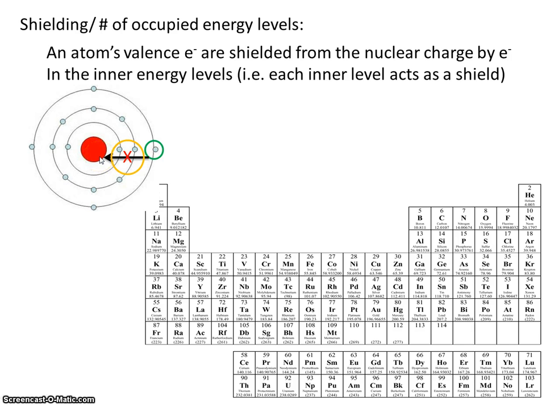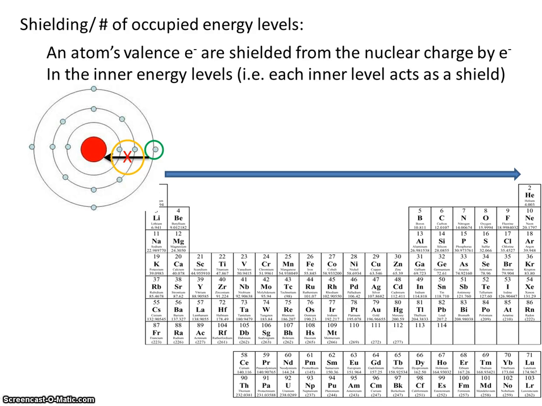So let's take a look at what happens to shielding as we go left to right across the period. Remember that the period number is the same for all of these within the same period. So for example, lithium, beryllium, boron, carbon, nitrogen, oxygen, fluorine, neon, they're all in the second period.